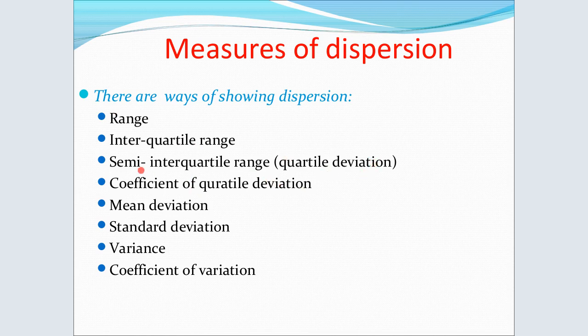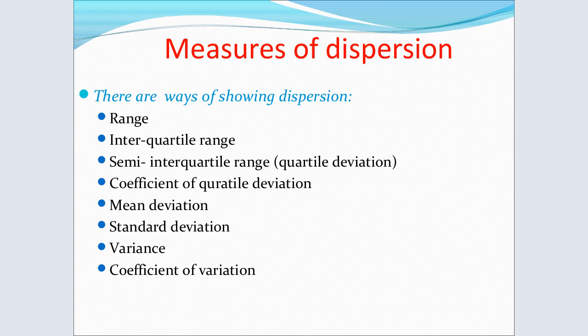Then we have the coefficient of quartile deviation, the mean deviation, the standard deviation, the variance, and coefficient of variation. These are simple things, and I think most of us have covered these things before. But it is like we are doing a reminder for ourselves. So I don't want to take much of your time today. I want us to be through with our class by 10.